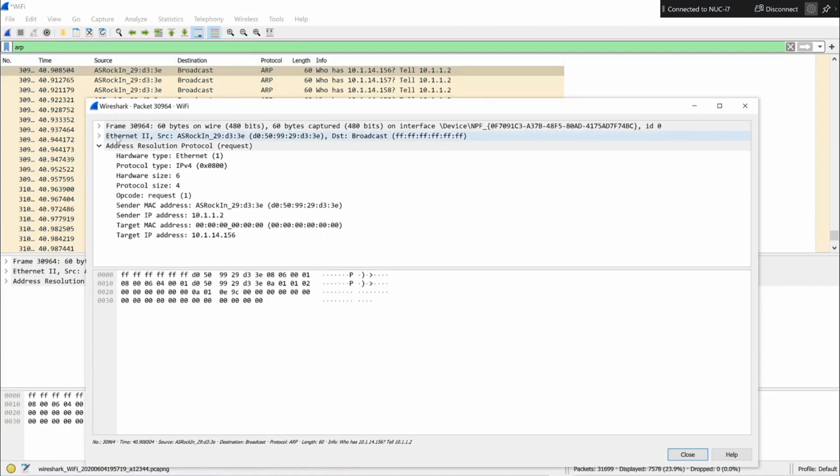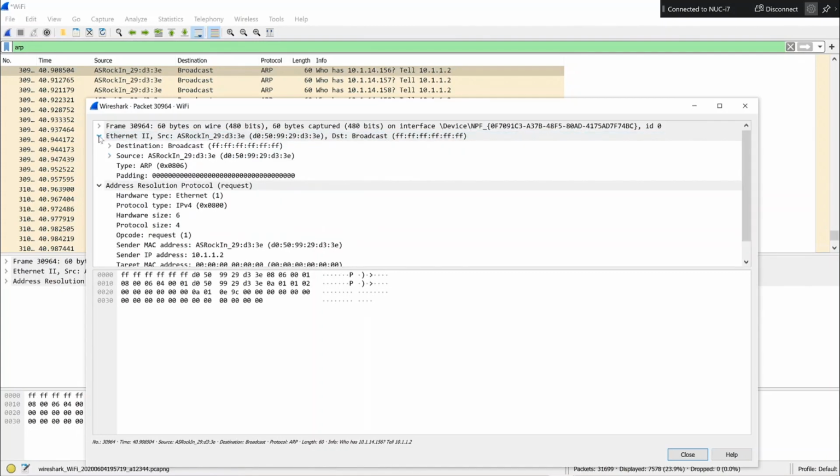If we look at the Ethernet frame, then what is interesting immediately is that this is an Ethernet 2 frame. Recall from our discussion of the Ethernet frame that we looked at the 802.3 Ethernet frame, which had a length of the payload in it, and Ethernet 2 did not have a length in there.